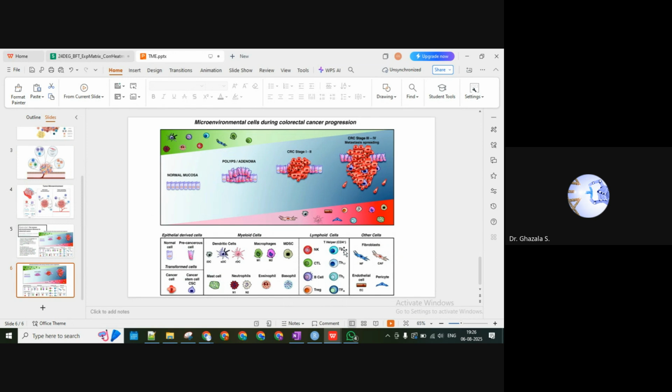So in that case, you need to check whether CD4 plus supports the progression or does the suppression of cancer. Accordingly, we can explain better in the paper that your gene is enriched with this type of cell, which helps in progressing the cancer.